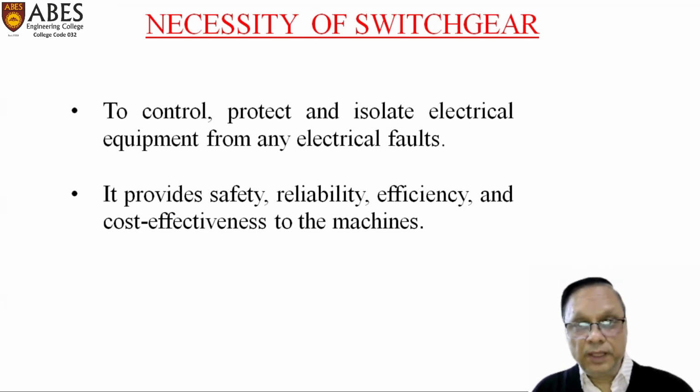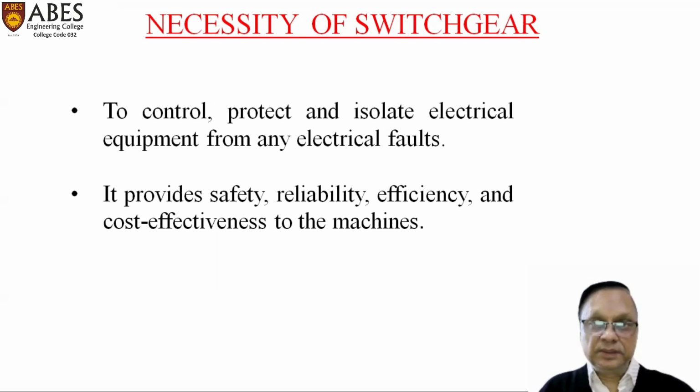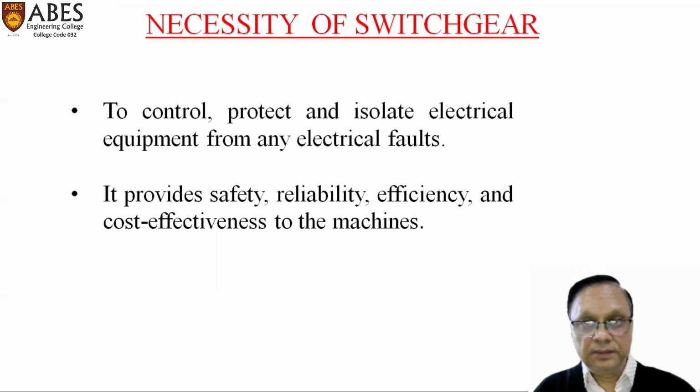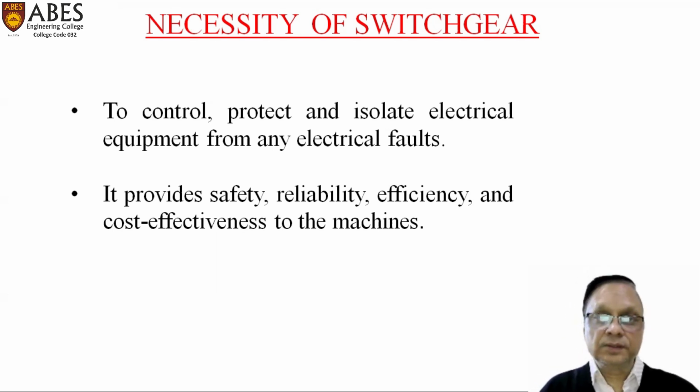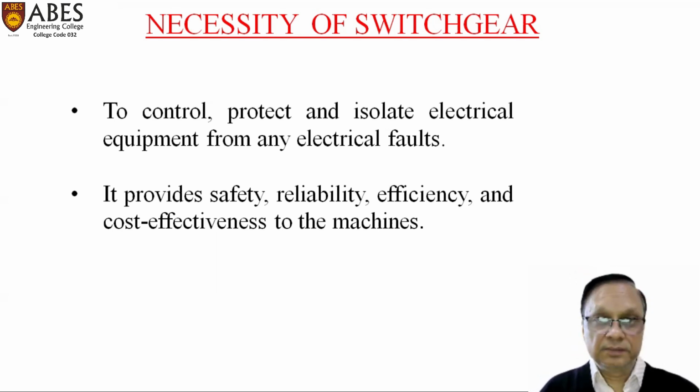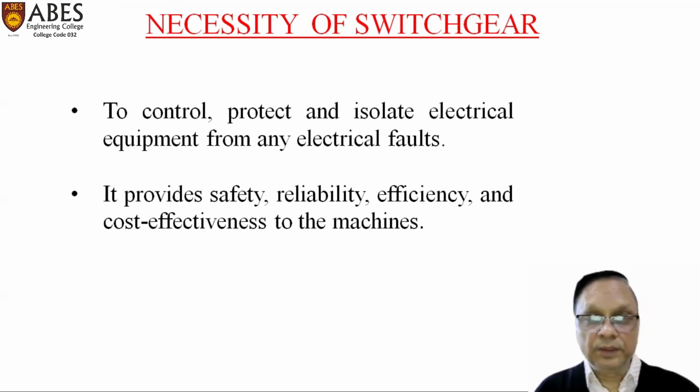The cost of these two basic machines, and many things involved in them, is very high. To protect them under all electrical fault conditions, we require switching. If a fault damages the machines, then we have no alternative other than to replace them.